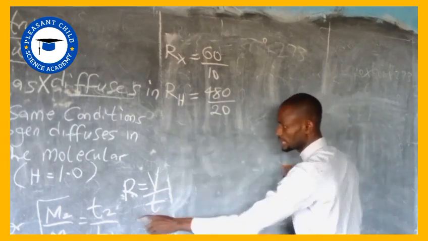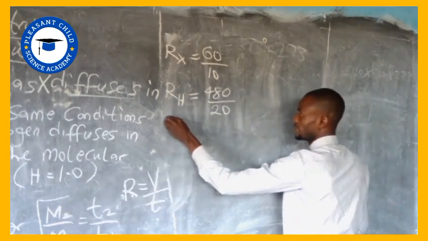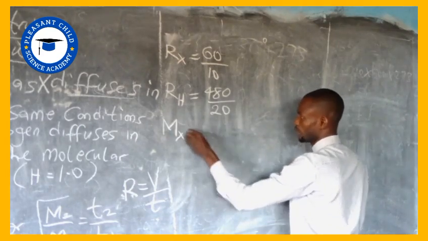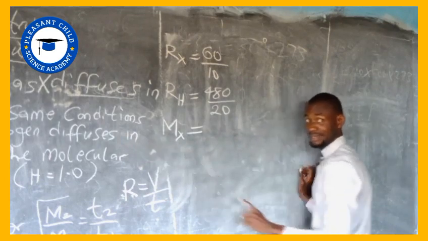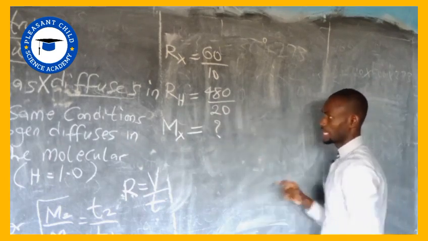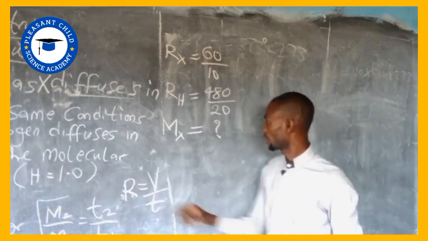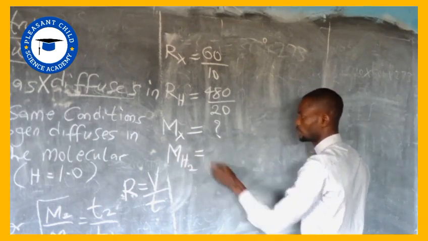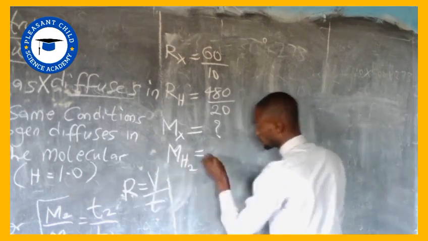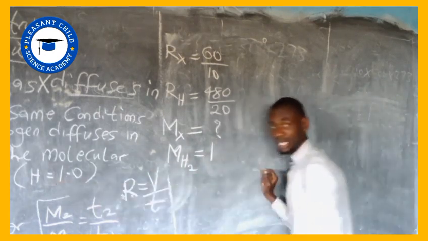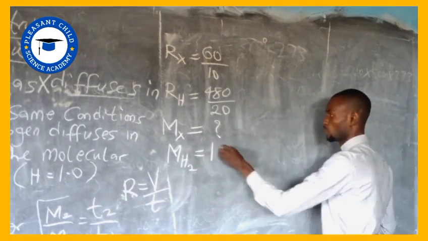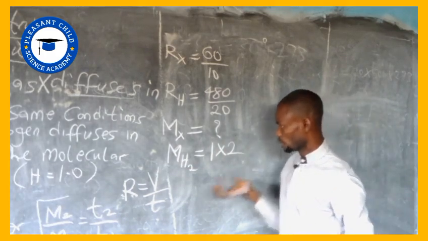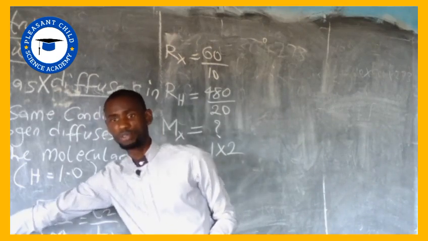And then this M means molar mass or relative molecular mass of gas X, which we were not given. That's what the question has to calculate. And then relative molecular mass of hydrogen: we were given atomic mass of hydrogen to be 1, but the formula for hydrogen gas is H2, so we multiply it by 2. So from here, we can just substitute and make use of this formula.